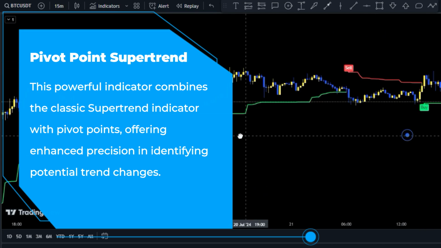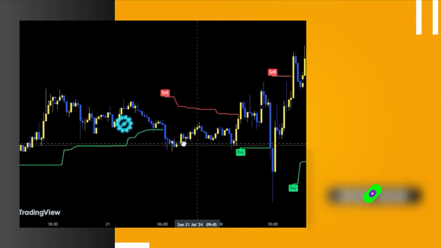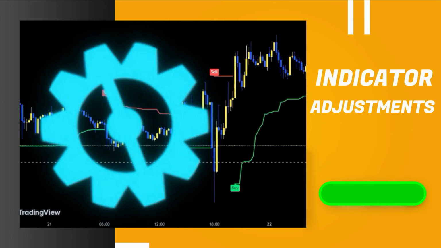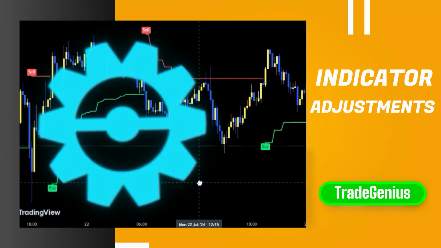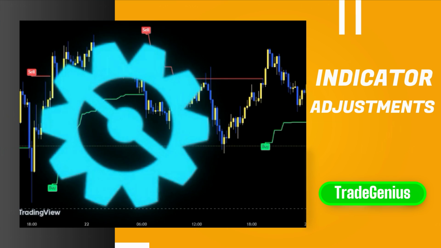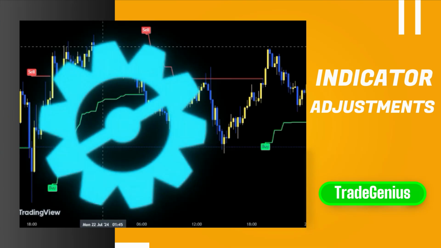To make the most out of the Pivot Point Super Trend indicator and keep your chart neat, we'll need to adjust a few settings. Don't worry, these tweaks are simple and will help you optimize the indicator's performance.